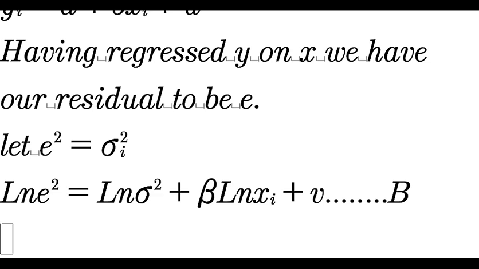So we can now regress e squared on x_i. That means we are running another regression on this equation B, trying to regress e squared on x_i. After this, we test for the statistical significance of beta, and we do that by making use of the t statistic of beta.